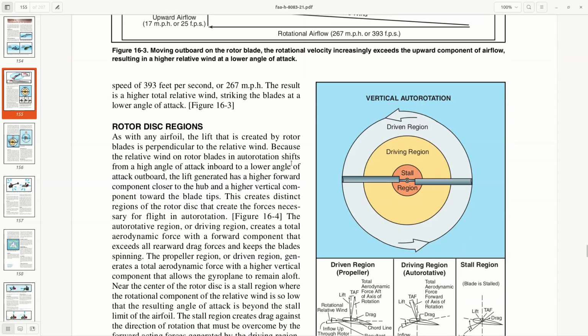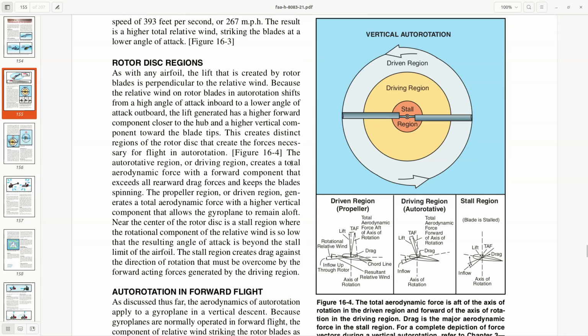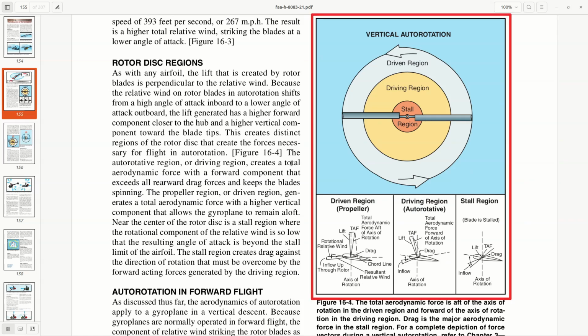As a result, we get our rotor divided into three different regions. We have this outer region, called the driven region. If you look at this part of the figure, you'll notice that the total aerodynamic force being produced by this airfoil is tilted backward.